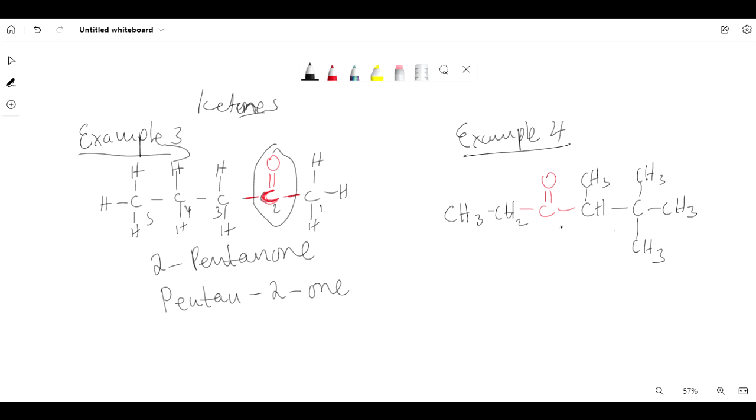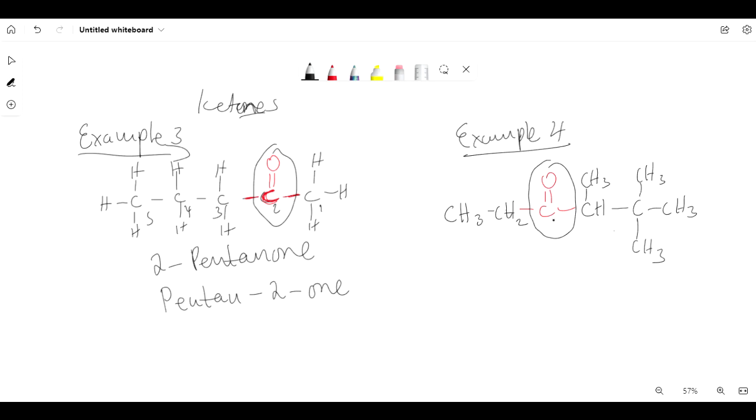So now we must name from the nearest end, right? So from left to right, I have 1, 2, 3. So my ketone functional group is number 3. But if I count from right to left, 1, 2, 3, 4, it's number 4.